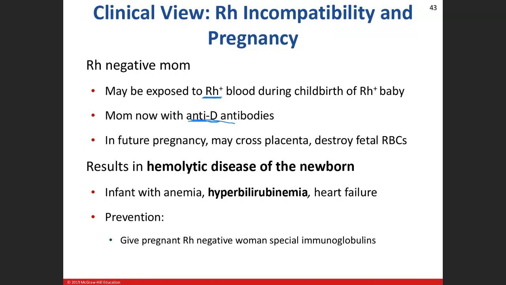Antibodies count as those small things. So what will happen is, now that mom has the antibodies for the RH antigen or the D antigen, if the next baby is RH positive, then we can get agglutination, that clumping of red blood cells, which is bad.